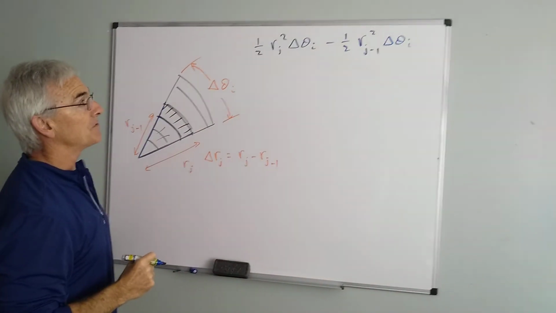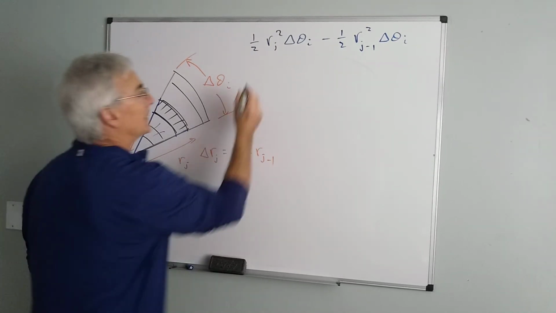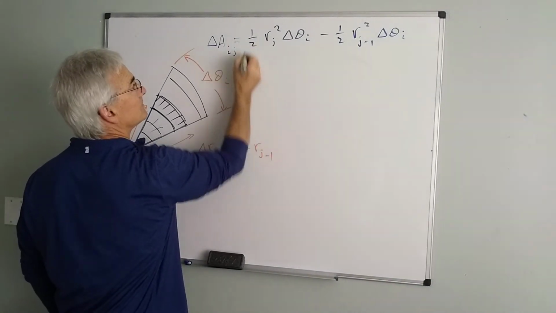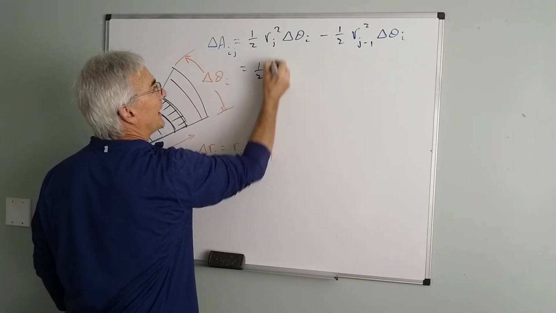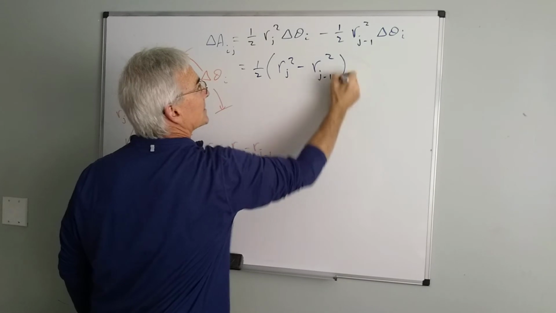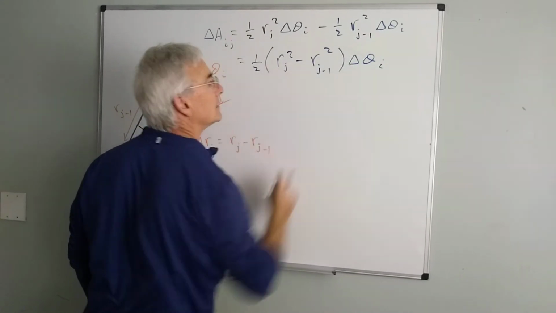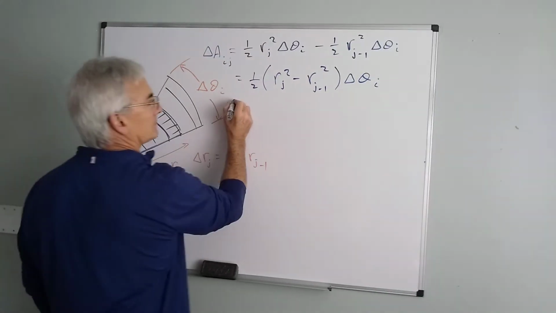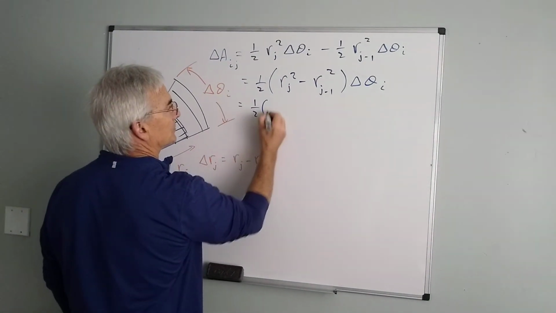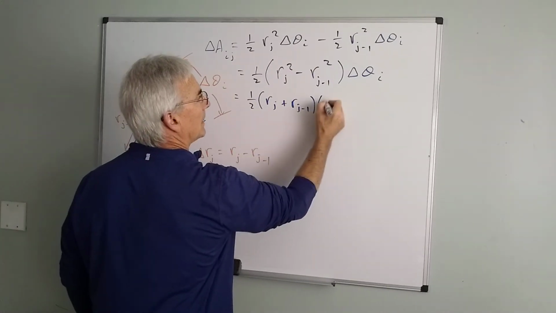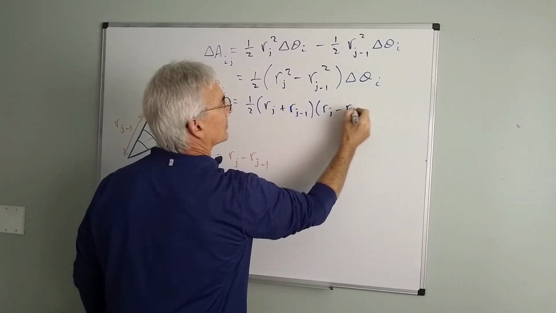And if you notice, I can factor out a 1/2 and a delta theta, and let's call this the ijth area. This would give us 1/2 times Rj squared minus Rj minus 1 squared, times delta theta i. Now notice we have a difference of squares there in the middle. And that then leads to Rj plus Rj minus 1, times Rj minus Rj minus 1.